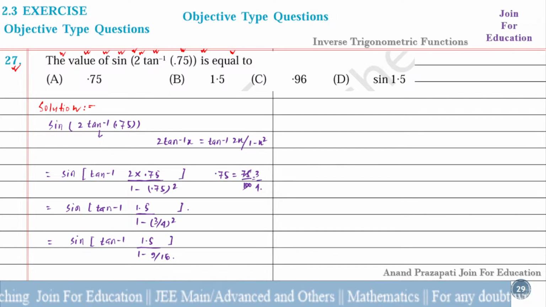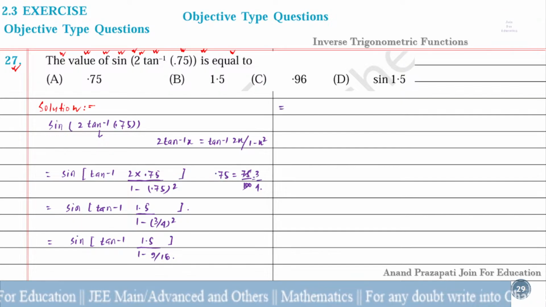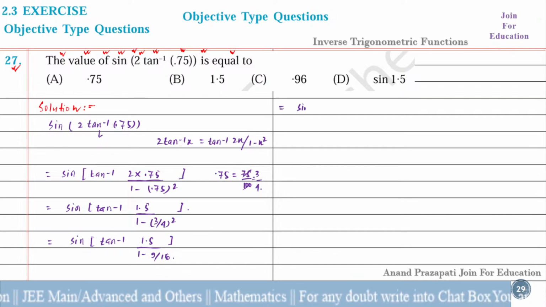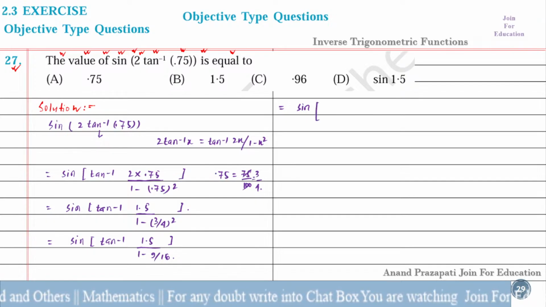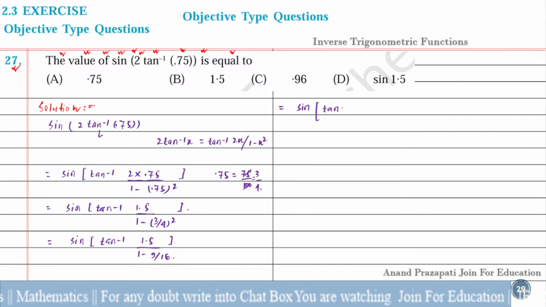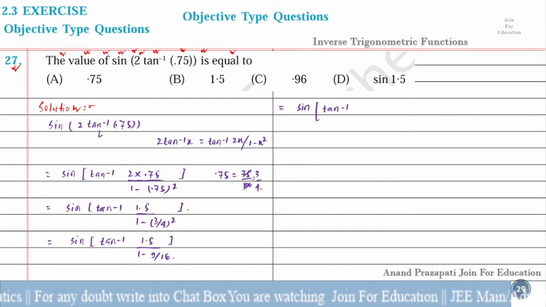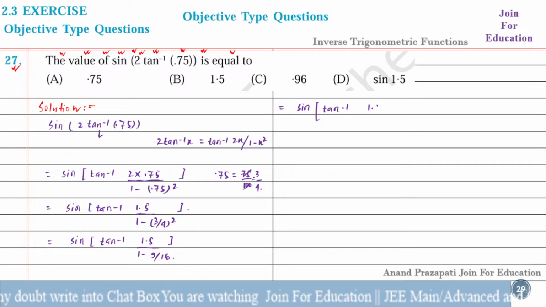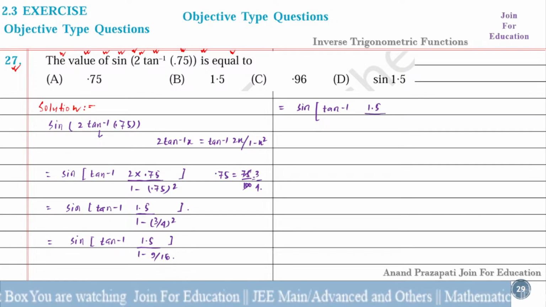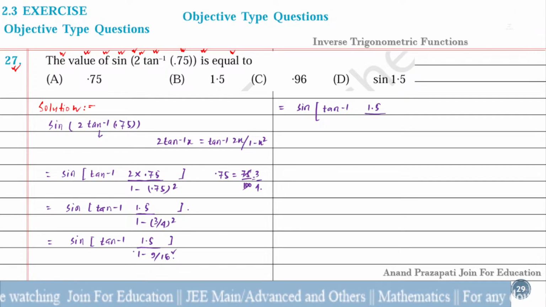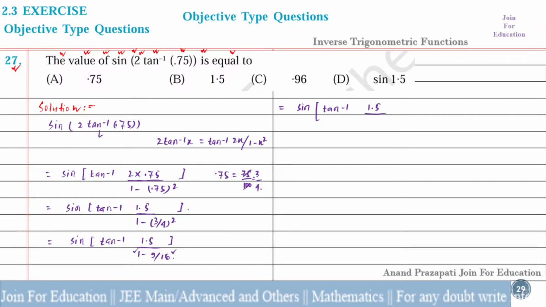So the next step here will be equal to sin of tan inverse 1.5 by, here will be 16 minus 9 equal to 7 by 16.